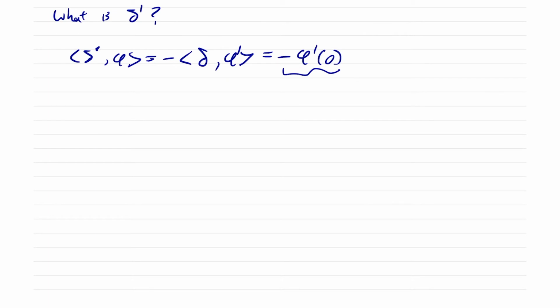And more generally speaking, we say that the kth derivative of the delta function is the tempered distribution that gives you, say, (-1)^k times phi^(k) at 0. So the kth derivative of phi evaluated at 0 times (-1)^k is the kth tempered distribution of the delta function.